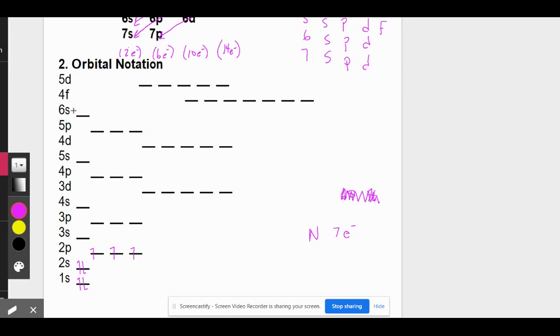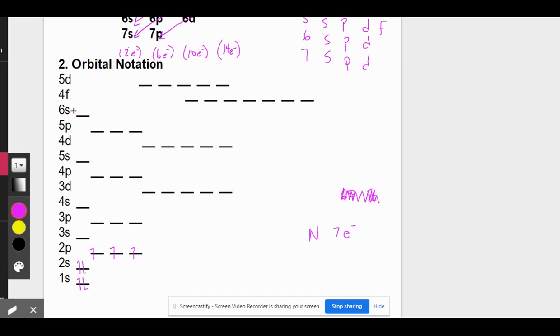So nitrogen, you can see, has 1 electron in each of those p orbitals, and we would call these unpaired electrons. So it has 3 unpaired.